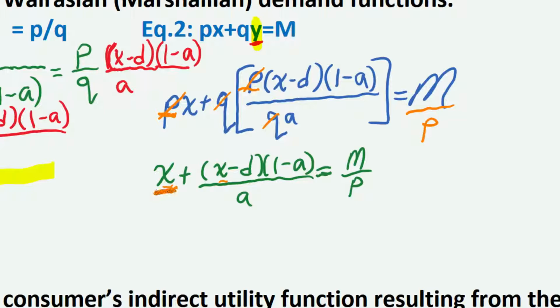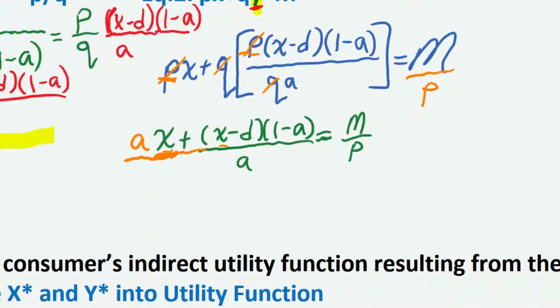Let's multiply this x by a over a. So now we have ax over a, and then all that can go on the same numerator with the same denominator. Now we can see if we can simplify that numerator a little bit more. So we have ax plus x times 1 minus a.